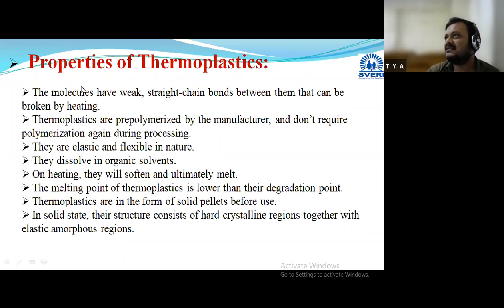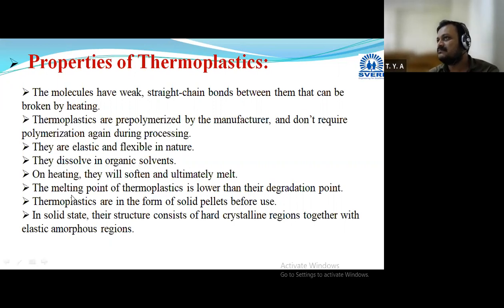Then these thermoplastic materials are elastic and flexible in nature. They can dissolve in organic solvents, means they are soluble in organic solvents. On heating, they will soften. Whenever you provide heat, they will become soft, and after a large amount of heating, they will melt.